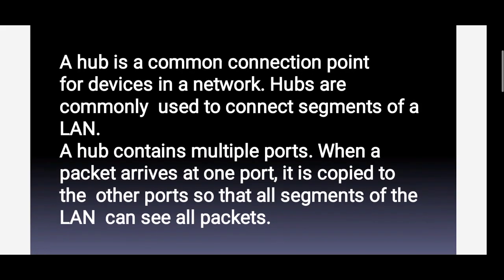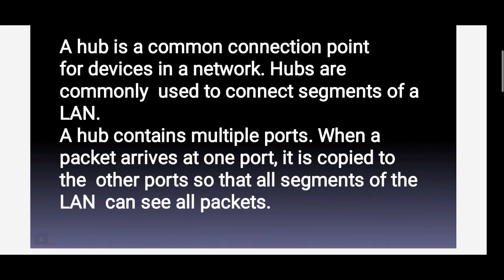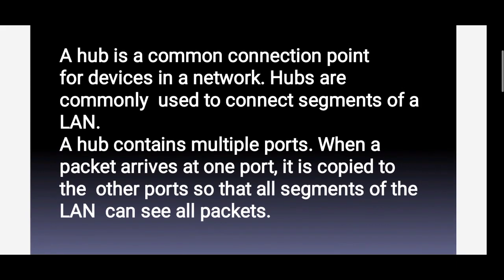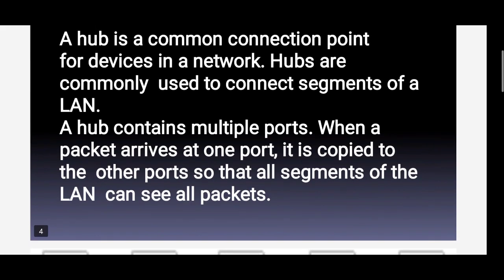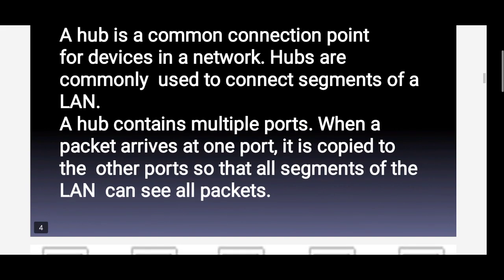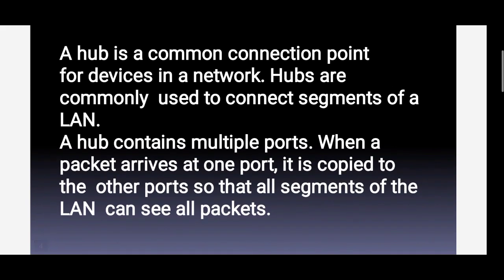A hub contains multiple ports. When a packet arrives at one port, a packet is nothing but a data packet, it is copied to the other ports. A number of ports is available in a hub.